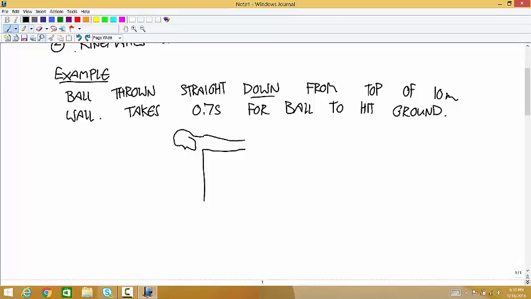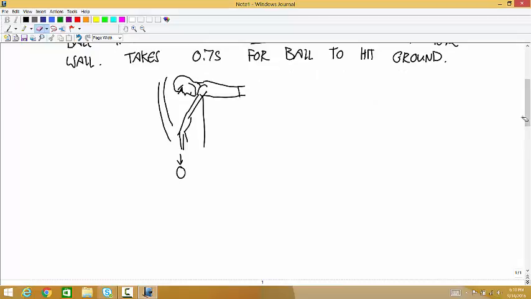I have to get this picture right. The wall is 10 meters off the ground, so this distance is 10 meters.